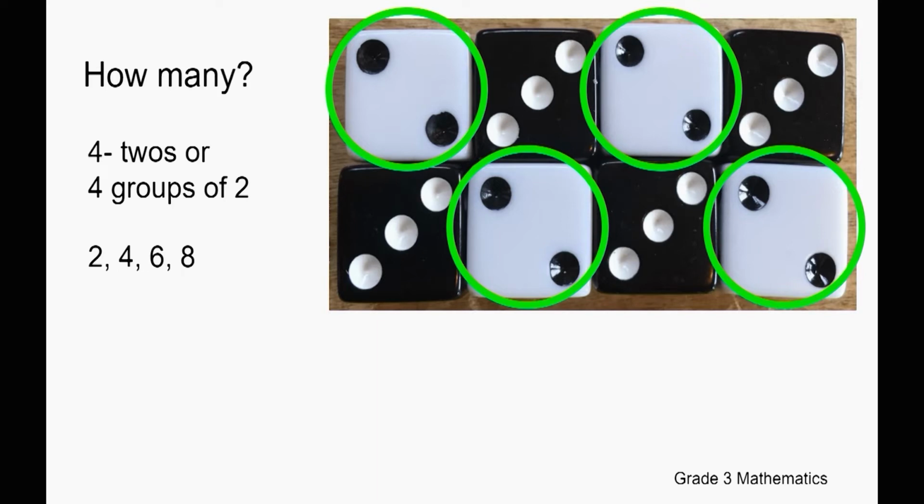You may have counted by 2s, 2, 4, 6, 8, to get to 8 dots. Or you might have thought of this as repeated addition. 2 plus 2 plus 2 plus 2 also gives us 8. What multiplication equation could we use to represent this?